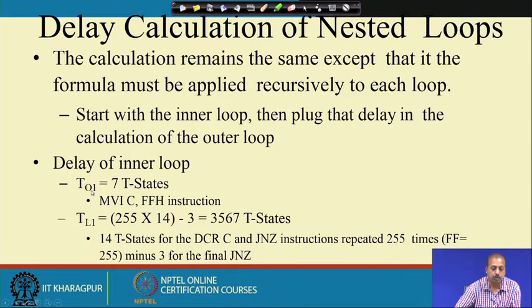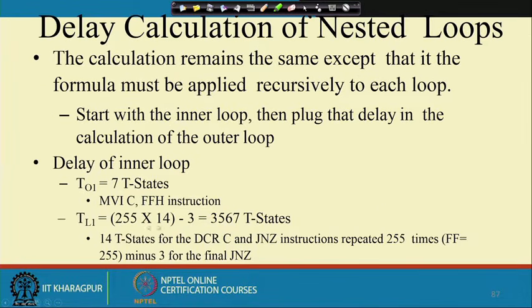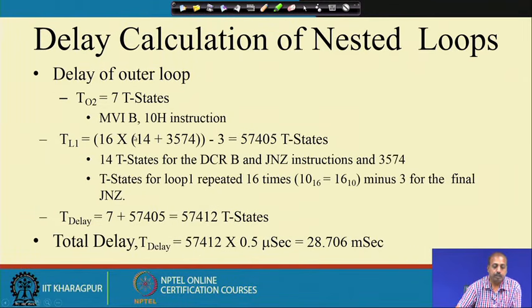Then we have the loop body of this inner loop: 10 plus 4 is 14, and for the last loop this JNZ will be 7 T states. So, it is 255 into 14 minus 3, that is 3567 T states. 14 T states for the decrement C and JNZ instructions is repeated 255 times, and then minus 3 for the final JNZ instruction.